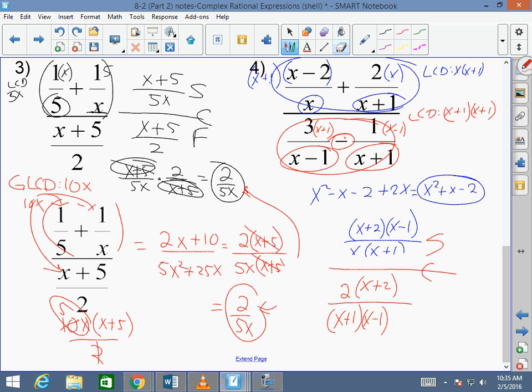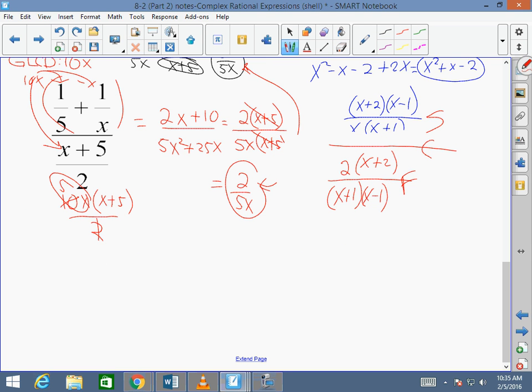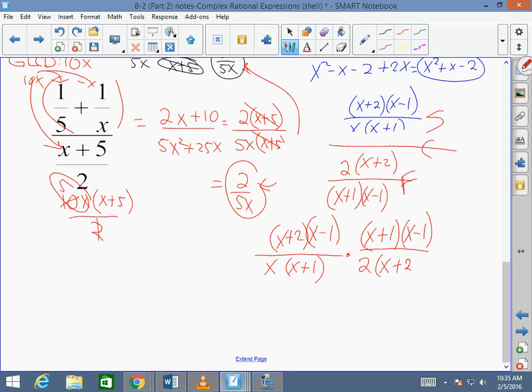Stay, change, flip. So when I stay, change, flip it, I've got x plus 2 times x minus 1 over x times x plus 1 times, flip, x plus 1, x minus 1 over 2x plus 2.